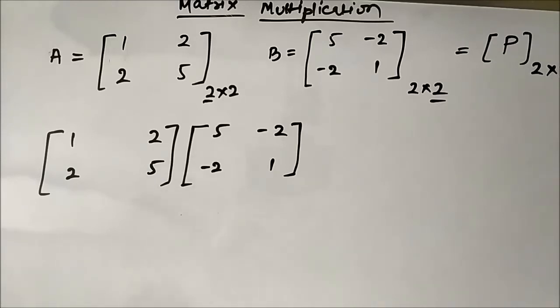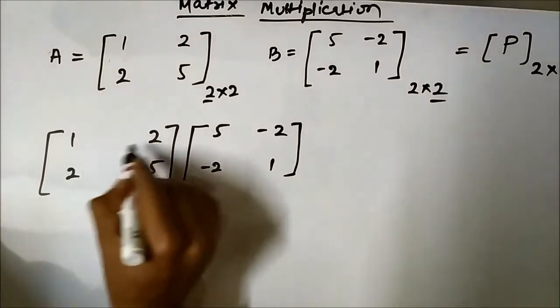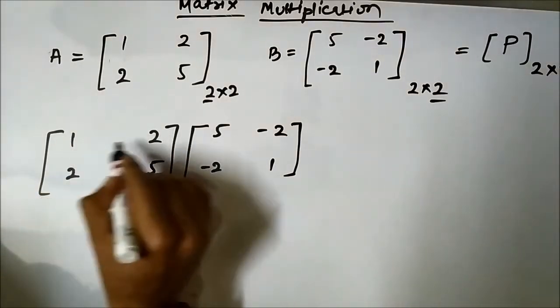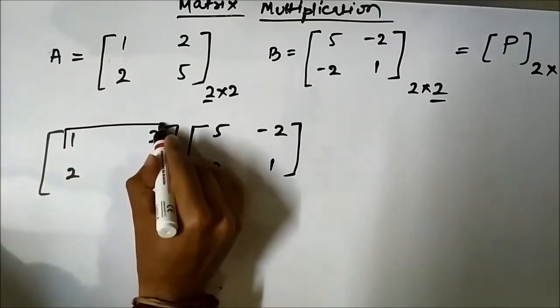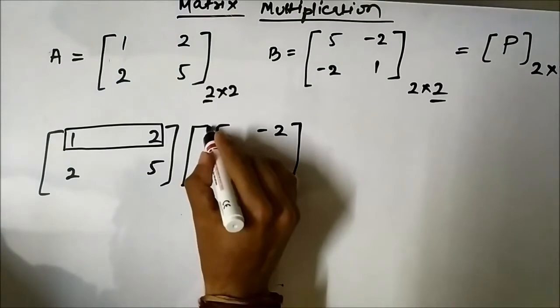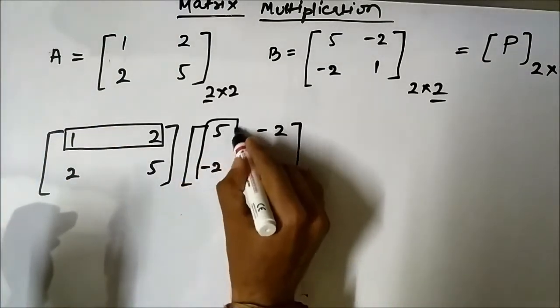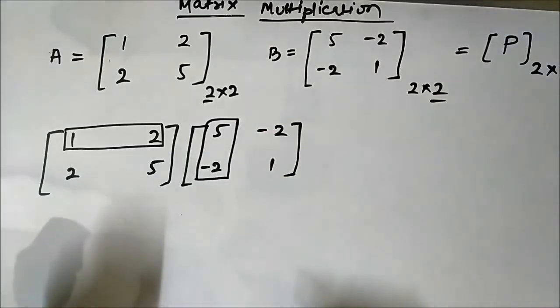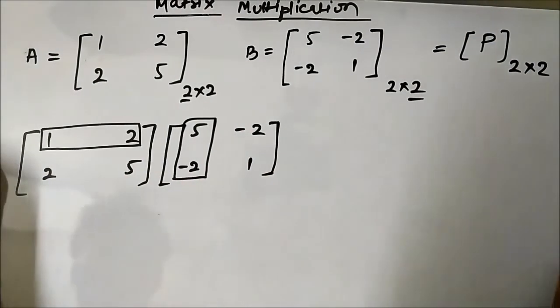Here, the multiplication will be done like this. You treat the first row, 1 cross 2, as a row matrix, and it is first multiplied with 5 and minus 2, which you treat as a column matrix.